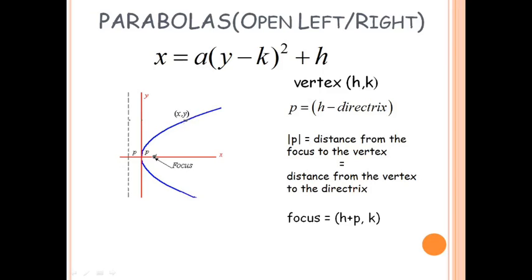It is still (h, k). However, because the directrix is going to be vertical now, p is equal to h minus the directrix. Everything holds true, but the focus is now flipped, so that the focus coordinates are (h plus p, k).